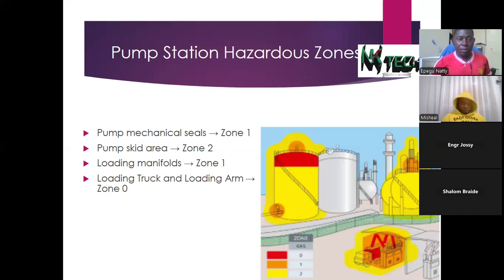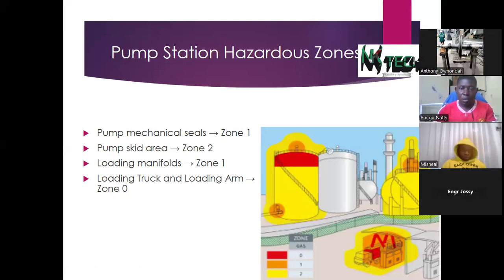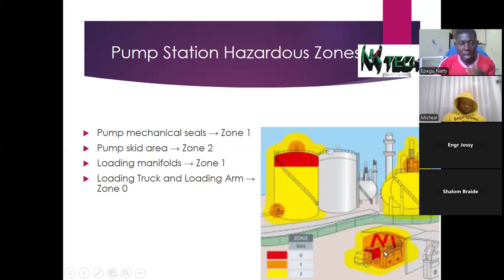All right. So, pump station hazardous zones. Okay, just look at another simple example here. We have a loading gantry. If you look at the loading gantry, your zone 0 is inside the truck and the loading arm.